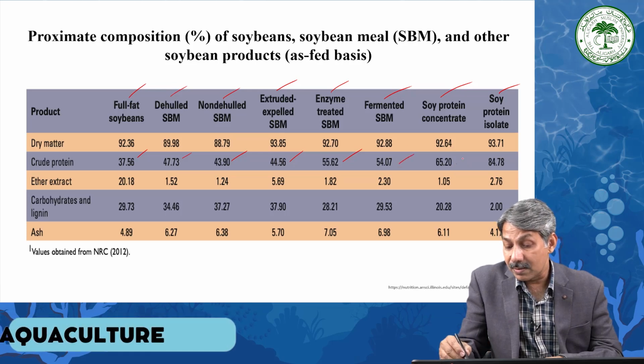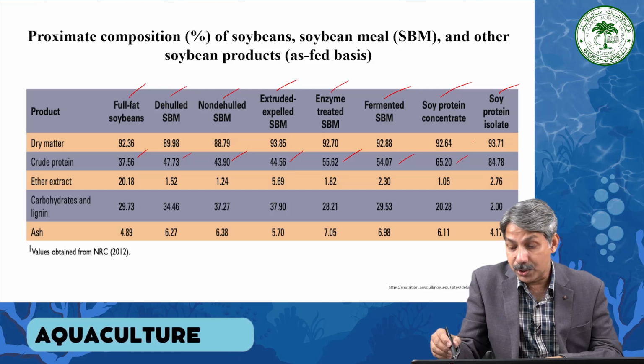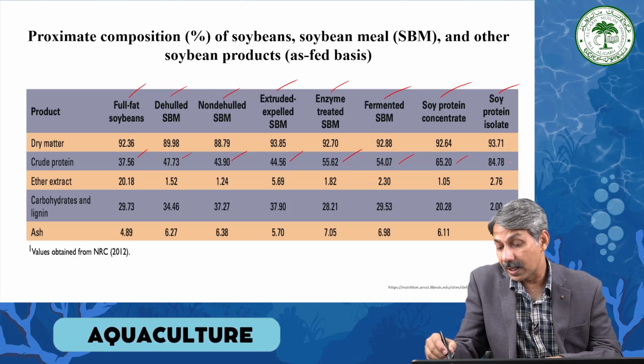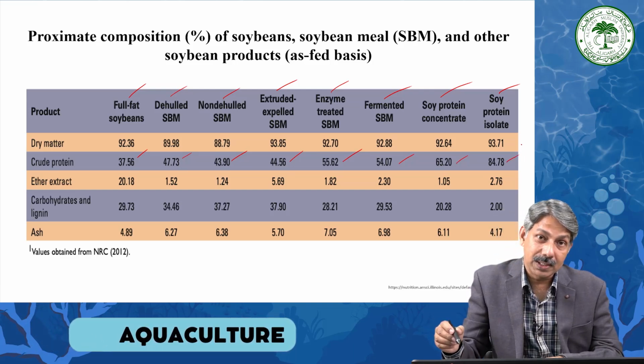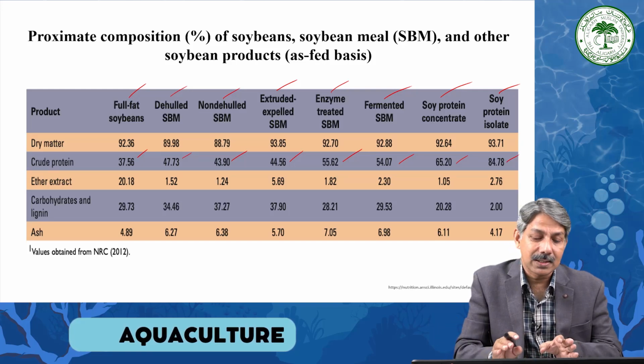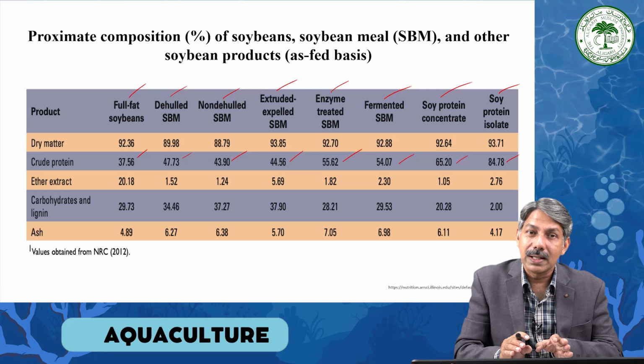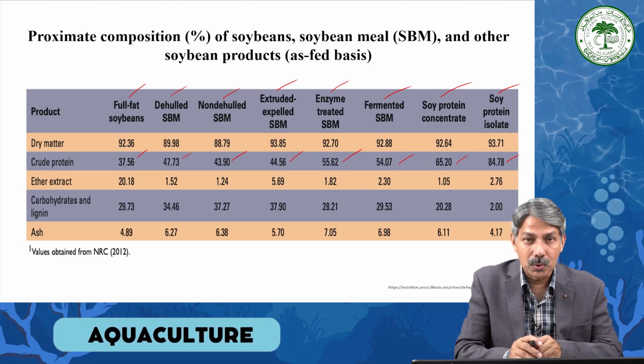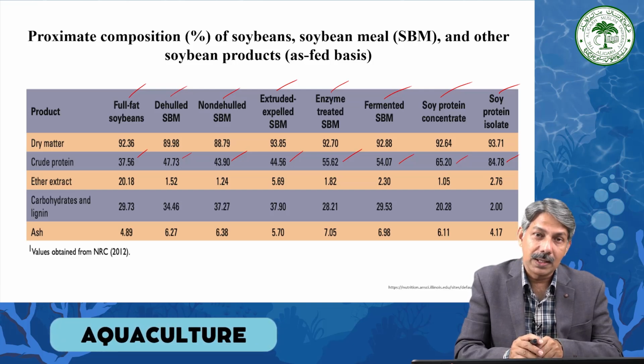In soy protein concentrate we are having crude protein 65.2, whereas in soy protein isolate we are having crude protein 84.78. So, in general you can say that soybean is a very good protein source for its inclusion in the fish feeds.